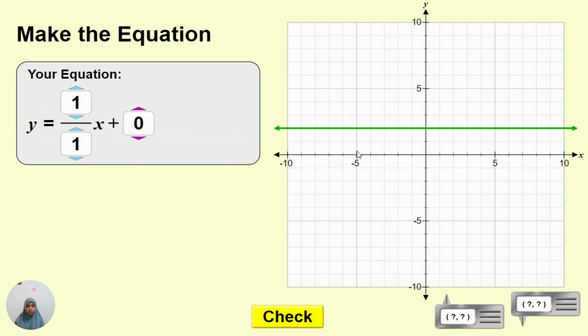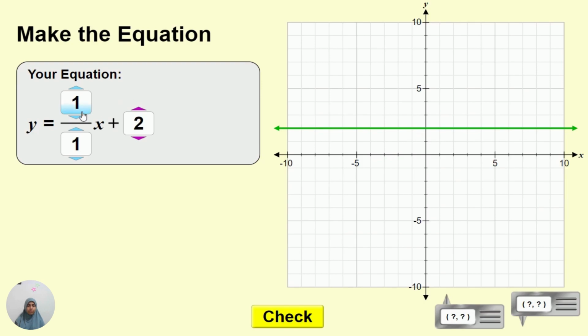This is an interesting question. We have to make the equation. Now the intercept is easy, it's +2 for the equation. As for the gradient, since this line has no gradient, it is just an intercept, at 2.